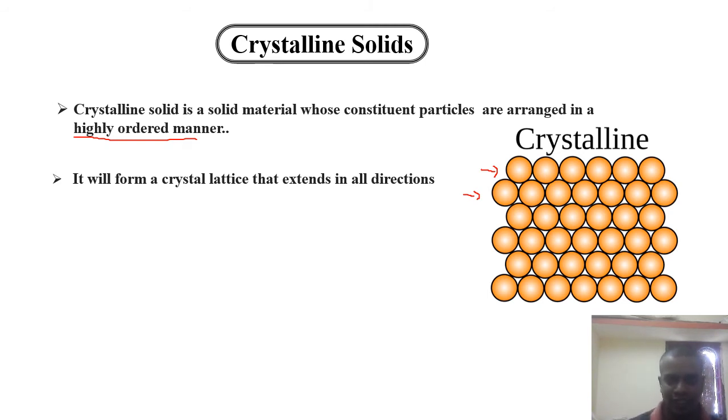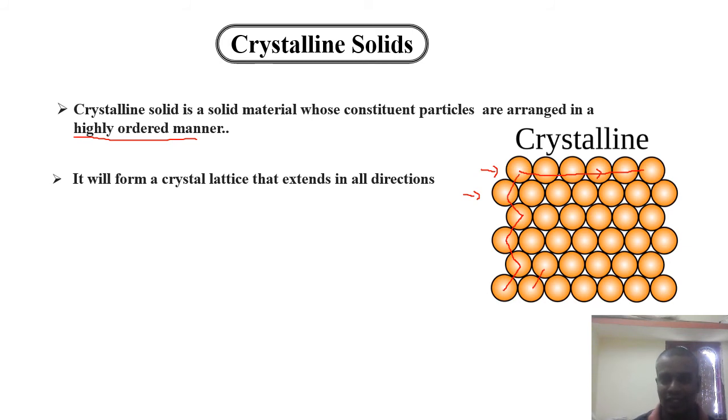Next, the crystal lattice extends in all directions. If you look at this direction, yes, it extends in this direction. Suppose we consider this a two-dimensional crystalline solid. If you look at this direction, it also has some directional aspect. See here, the atoms are arranged in this manner.